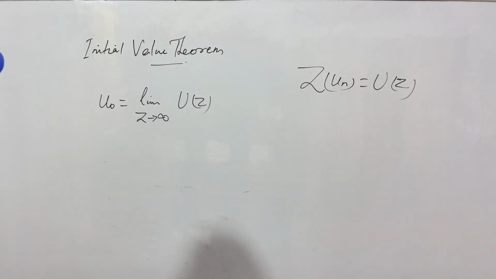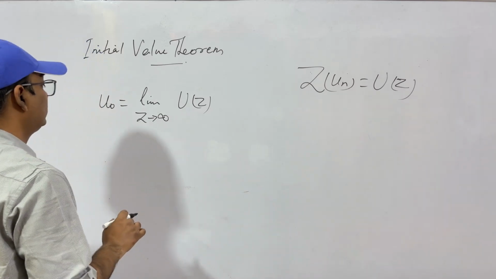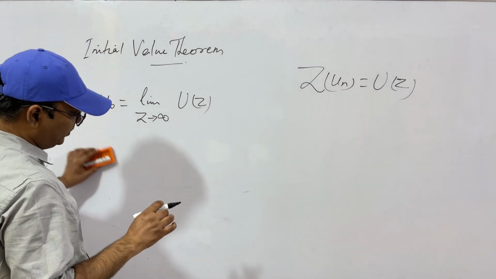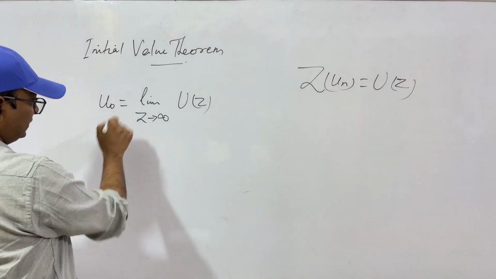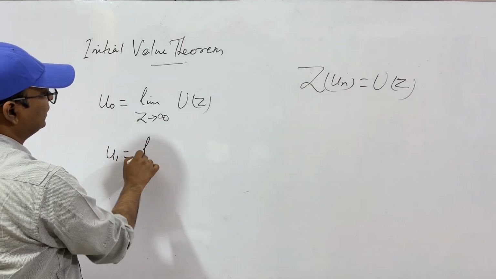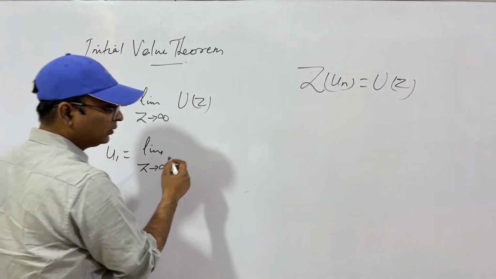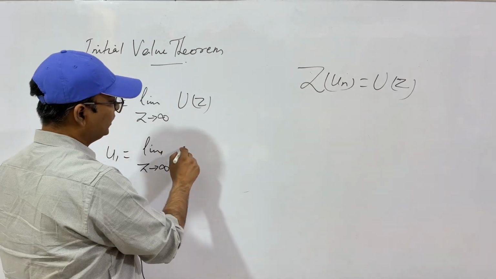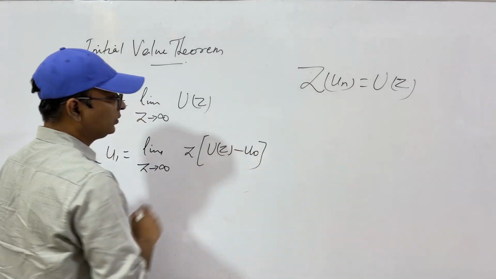You can see the proof in any book. That is not of our concern here. We have to understand the concept and we have to analyze functions. Then similar to this you have u1, that is limit z tending to infinity. You had seen, what was it? N plus 1. So it is z times U(z) minus u0. This series you know.